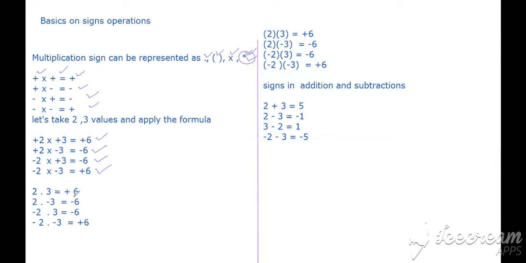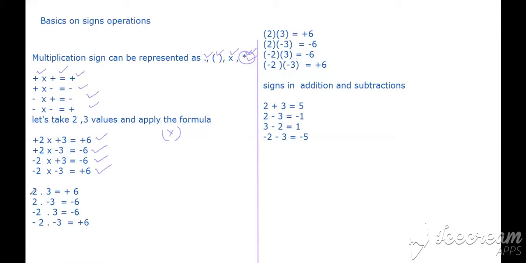Now apply the dot formula for into. Sometimes we get confused. Generally, most people use the cross symbol for multiplication, but sometimes we get dots, and at those times we get confused about what to do. The dot also represents only multiplication.